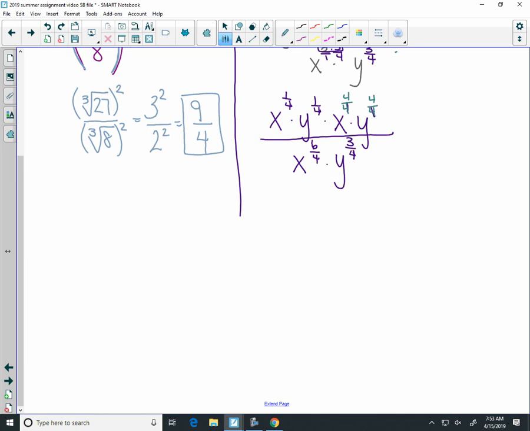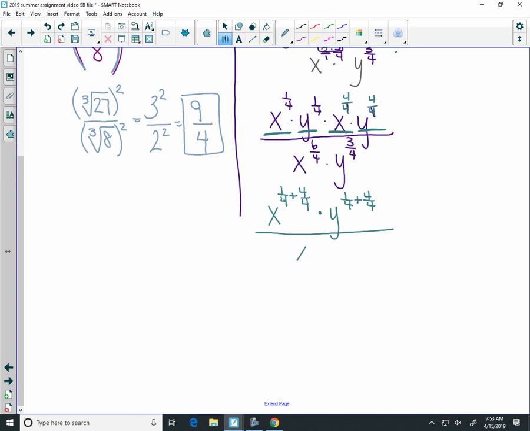So here's what this is going to look like. I'm going to do x to the 1/4 and x to the 4/4. So those are dealt with. I'm going to do y to the 1/4 and y to the 4/4. When we have the same base and we're multiplying, we add our exponents, and to add fractions, we need common denominators.